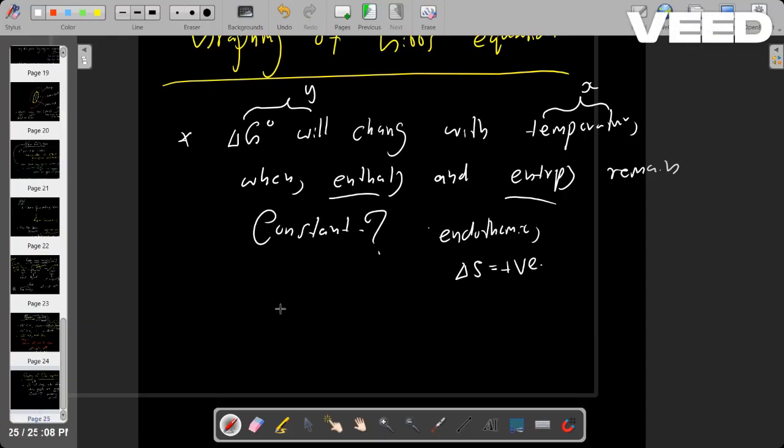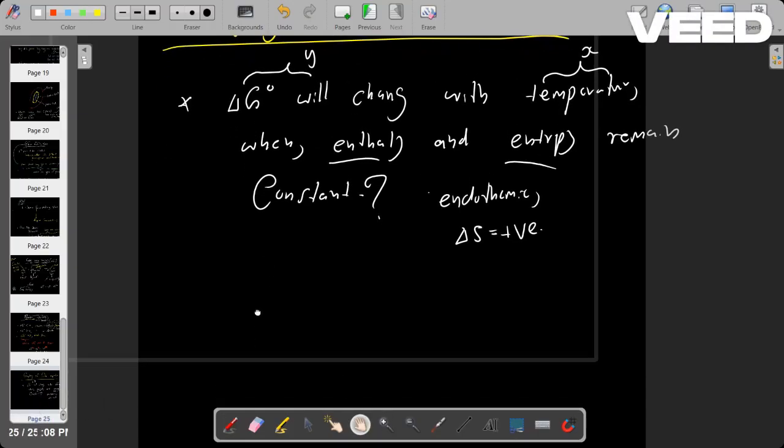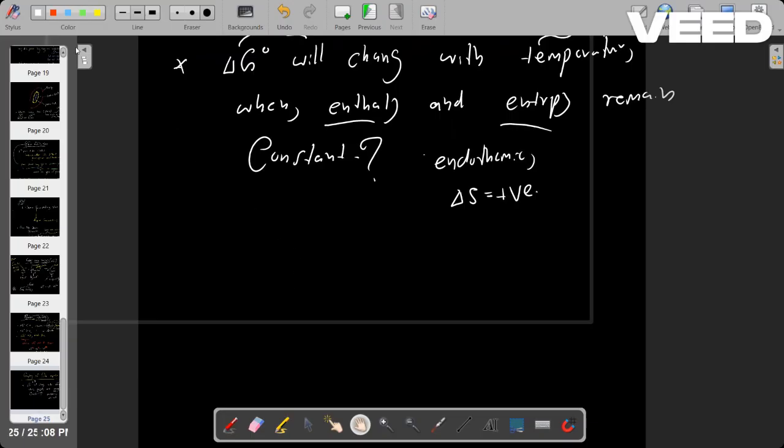I think you know this. First of all, you write the equation: delta G naught equals delta H naught minus T delta S naught. I told you these are the variables.